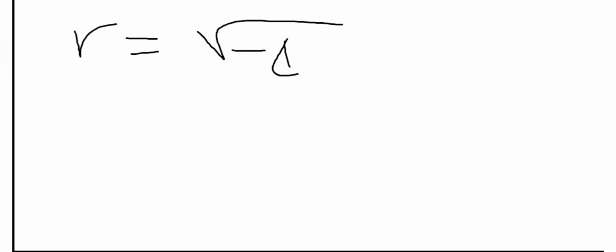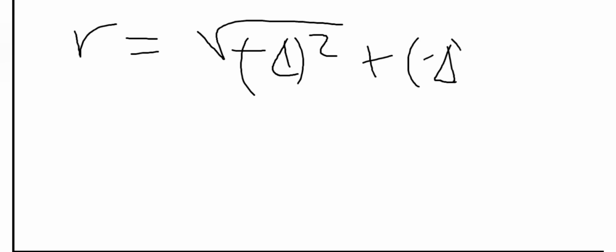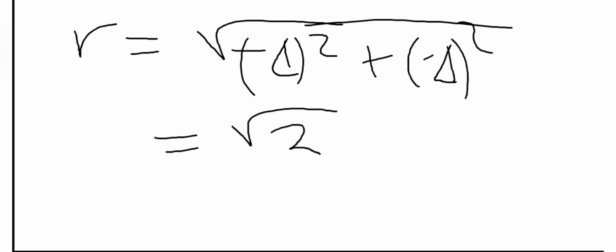We have r, which is equal to the square root of (-1) squared plus (-1) squared. When we simplify, we are having a 2 here. So r is equal to the square root of 2.